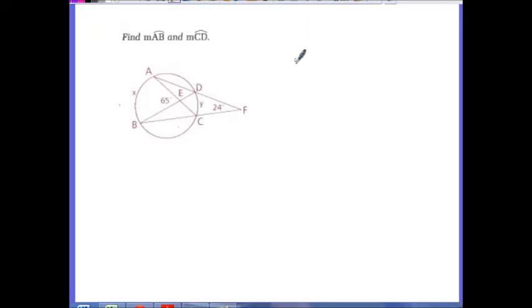Okay, so I bet a bunch of us got stuck. Here's what I did. First and foremost, I looked at this 24-degree angle. It's an outside angle, which means 1/2 the difference of my arcs is going to be equal to the measure of my outside angle.